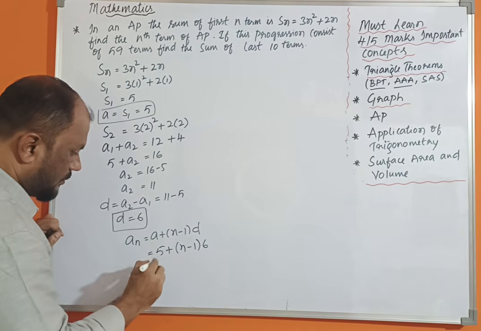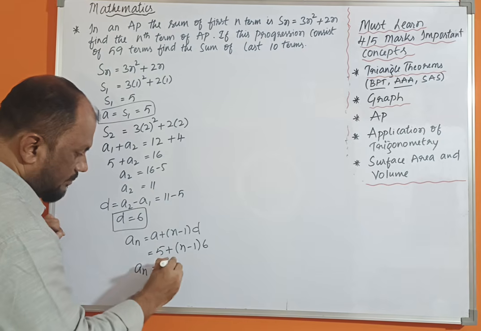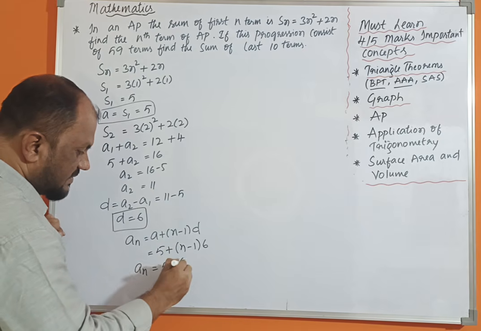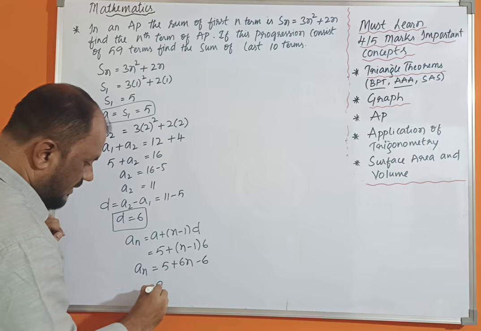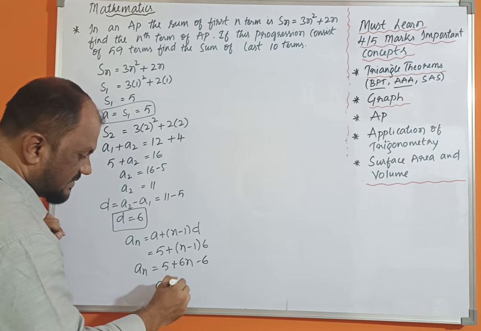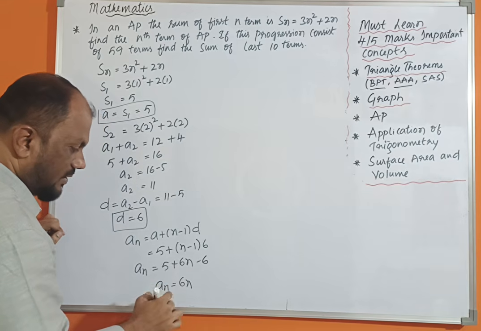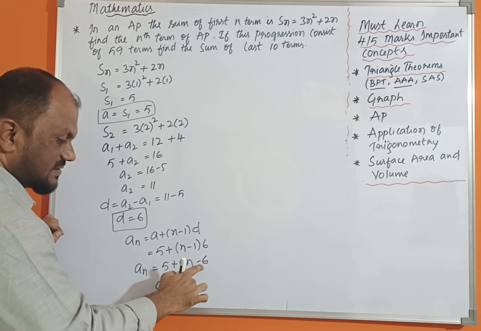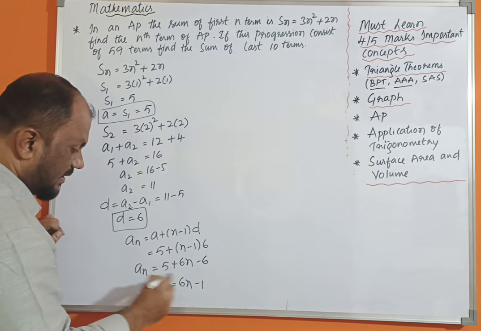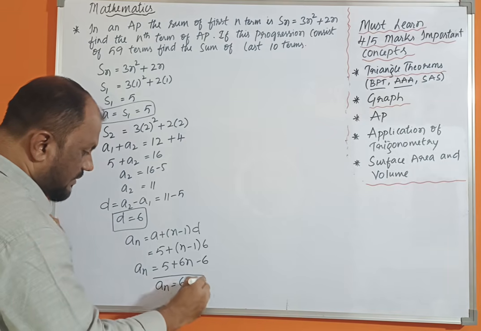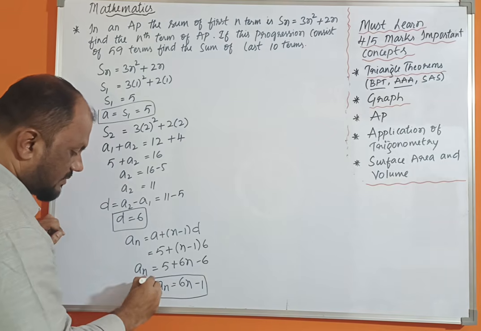An is equal to 5 plus n into 6 is 6n, minus 1 into 6 is minus 6. I'll write as it is first with the variable. 5 minus 6 is negative 1, as the greater number's sign is minus.